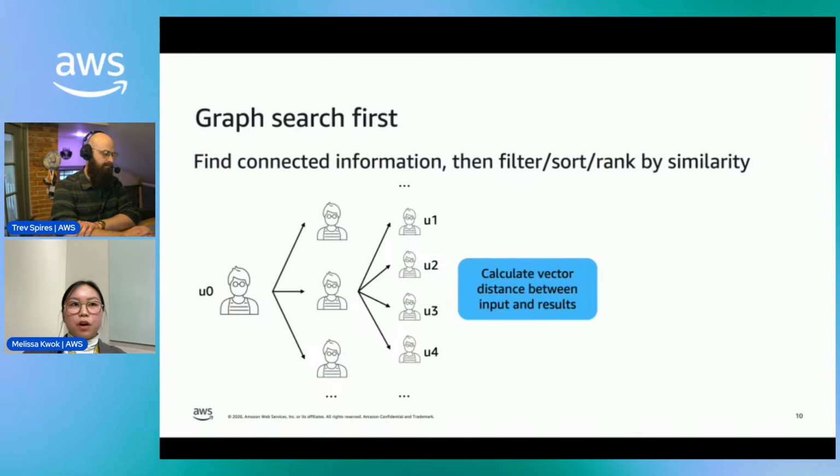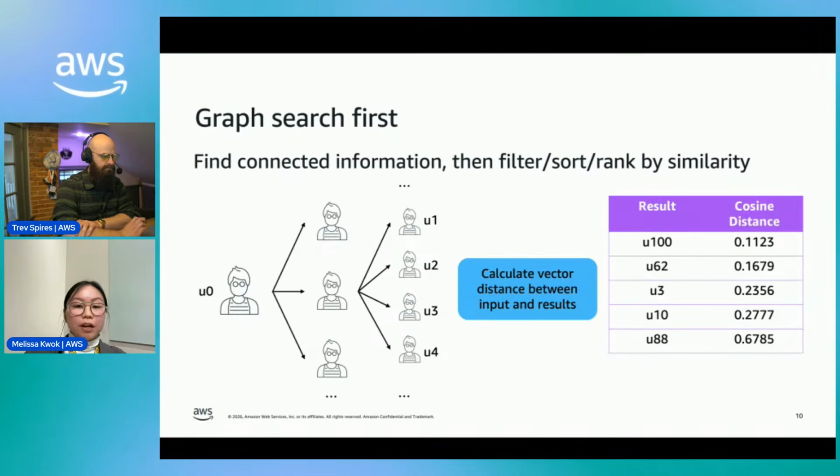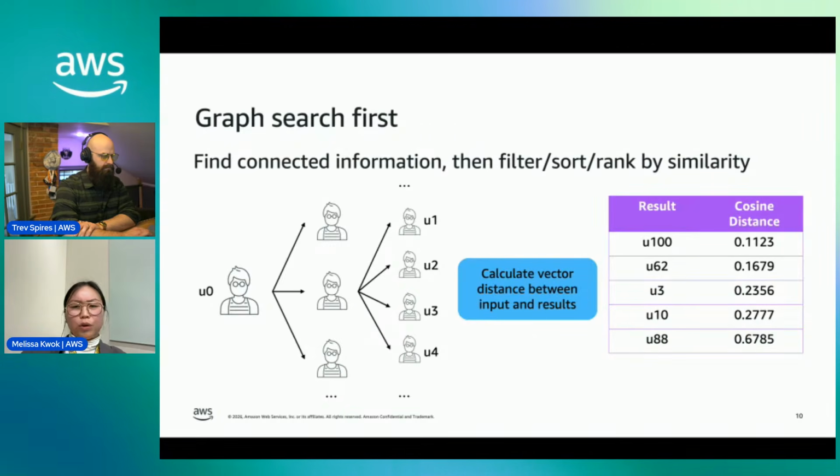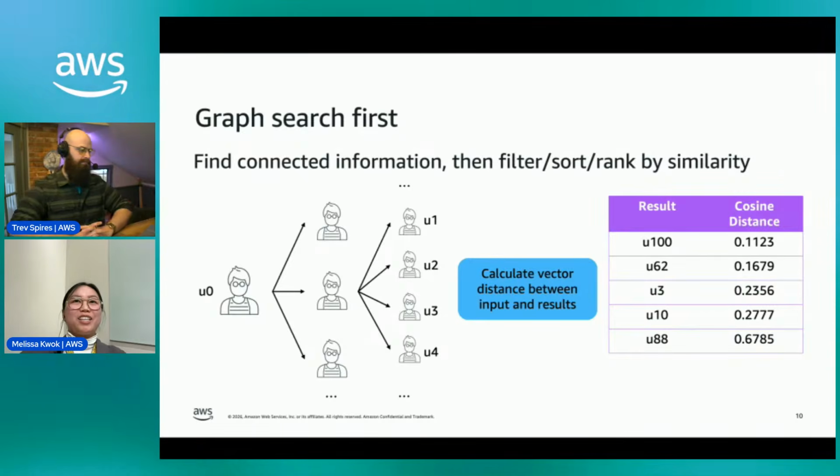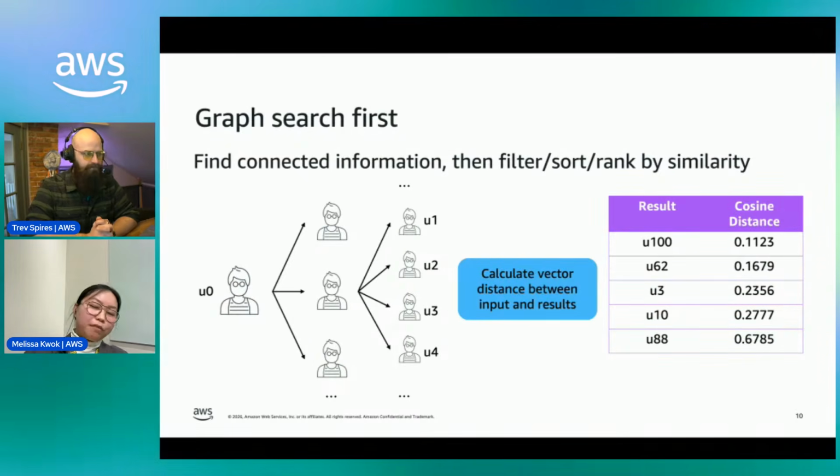Maybe I've got a textual description on my profile of my hobbies and things I like to do. What if I can just calculate the vector distance between my user profile and the prospective other ones, and then filter, sort, and rank by whoever has a profile that is most similar to me. And then, of course, they're my friends of friends and we're not friends yet.